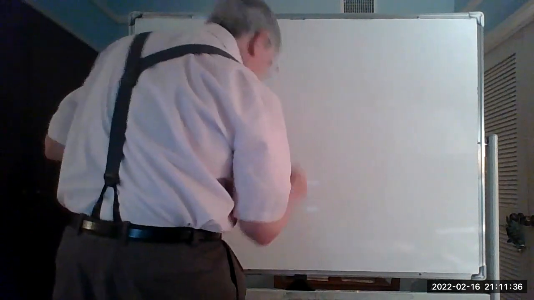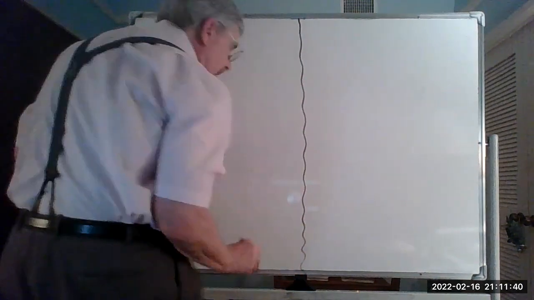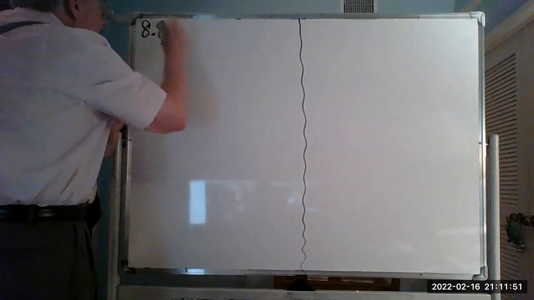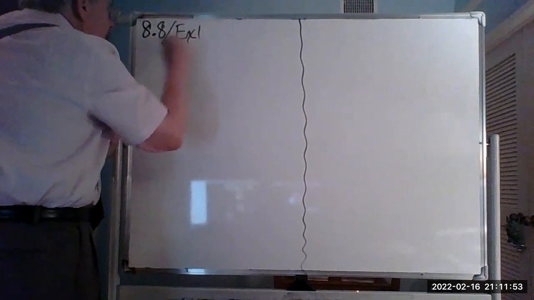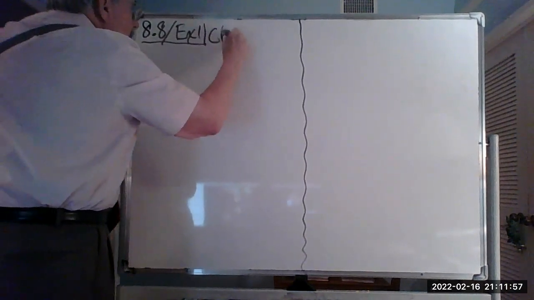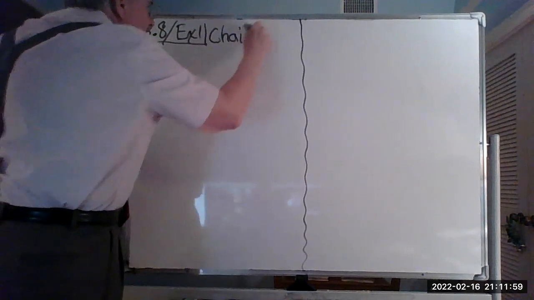Once again, we're just going to keep this real simple. So what section are we in? 8.8, example 1. Our chair business.